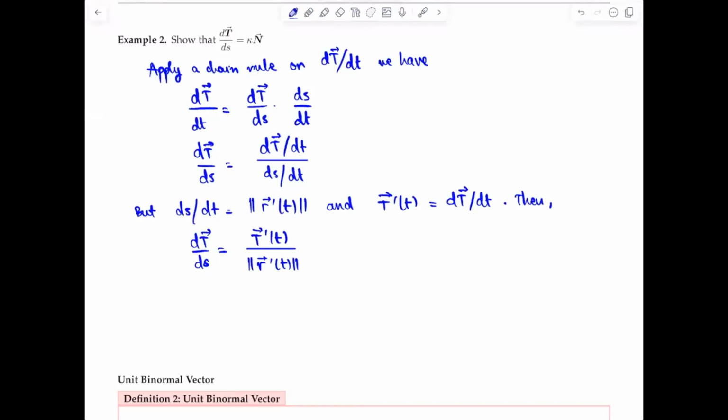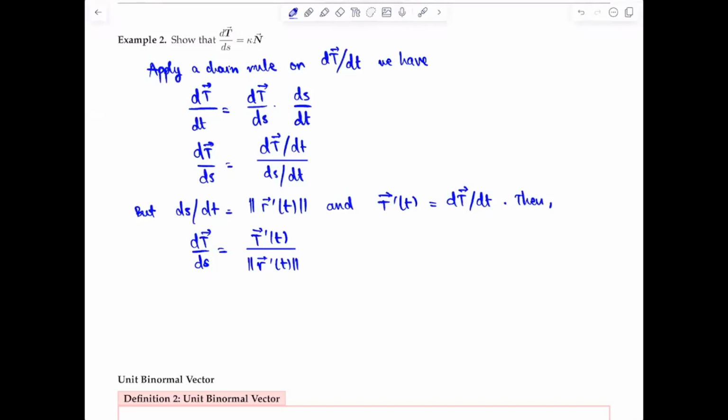Now you need to use the alternative formula. So the curvature is equal to the magnitude of, yes, so that is what you get for the alternative formula. Now, what do you see in the formula in our derivation?